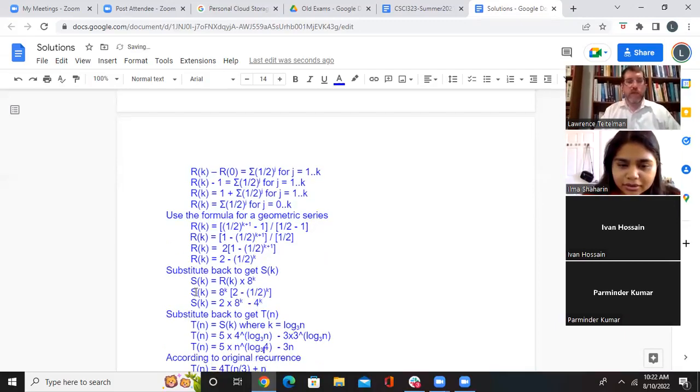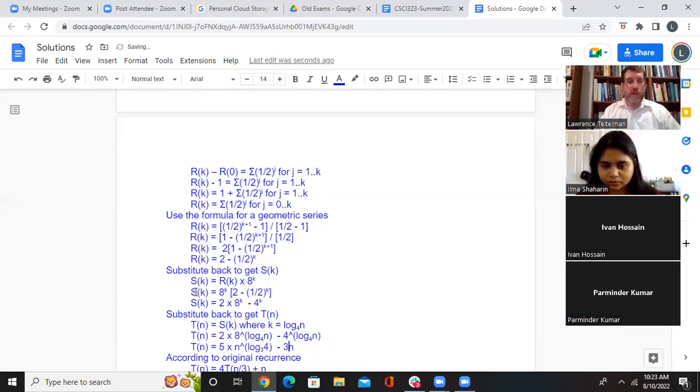Good. Now I just use n to substitute back, and this is going to be 4. And so it's going to be 2 times 8 to the log base 4 of n minus 4 to the log base 4 of n.